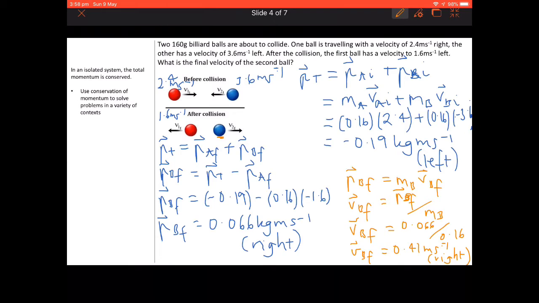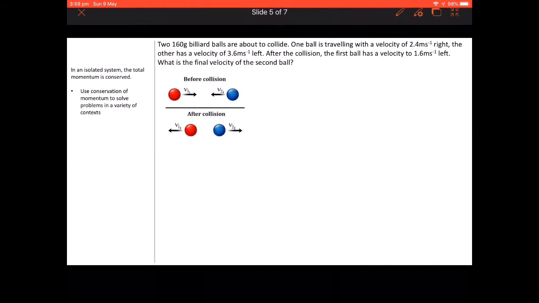So that's the first way you can do it. To be honest, I find it a little bit more time consuming, so I'm going to show you my preferred way. So with my preferred way, we'll say that the total momentum initially will be equal to the total final momentum.